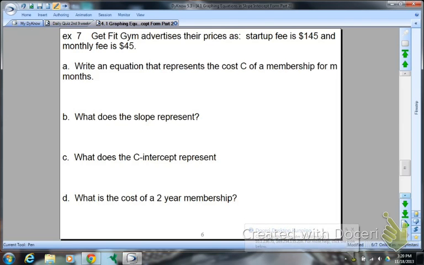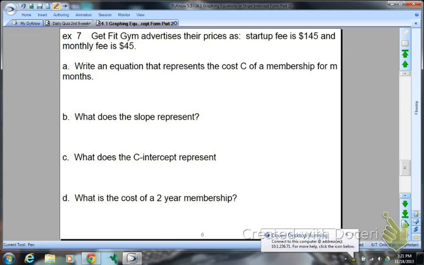Okay, example 7. Read the problem, and I only want you to do example A, and then put your pencil down. Get Fit Gym advertises their prices as startup fee is $145 and monthly fee is $45.